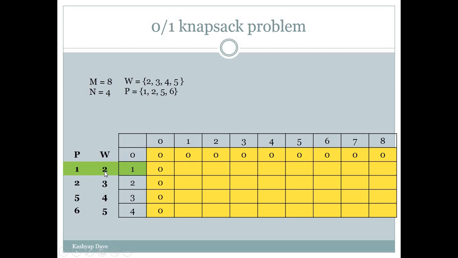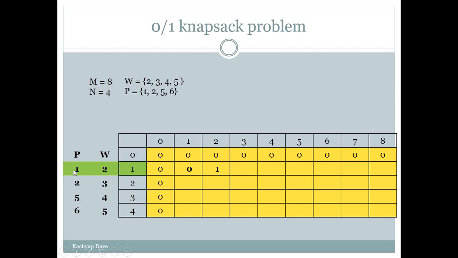So if we select this item, then our profit will be 1. So we will put 1 into this weight 2. Next, this is 0. Why? Because if we do not have any item of weight 1, then our profit will be 0.